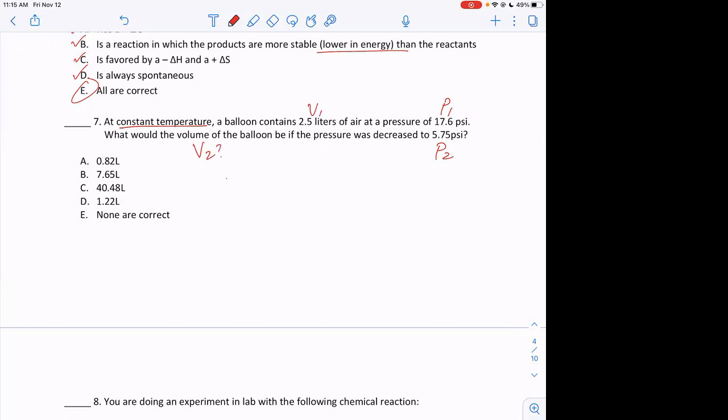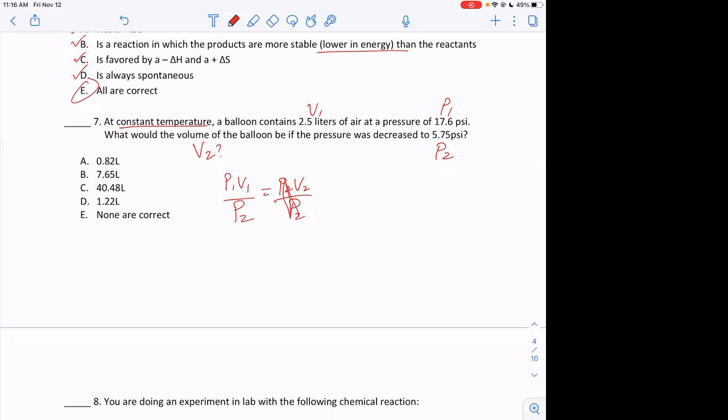So it's P1 V1 over T1 equals P2 V2 over T2. And we're just going to remove the bottom part because temperature is going to be held constant. So P1 V1 equals P2 V2. I'm solving for V2, so I'm going to cross divide both sides by P2. Cancels there.